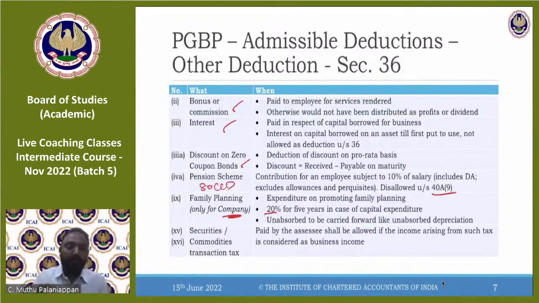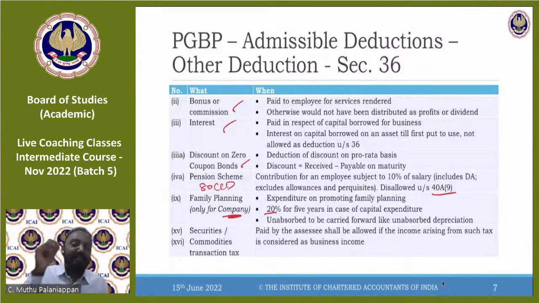Whatever is unabsorbed, if you don't have sufficient income to set off this family planning expenditure, like your depreciation and scientific research, it can be carried forward for n number of years, like your unabsorbed depreciation. The last one is securities transaction tax and commodity transaction tax.